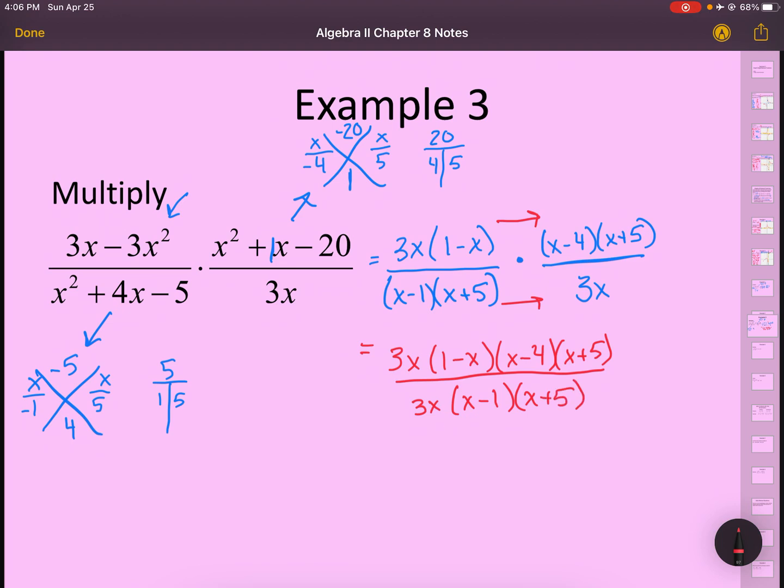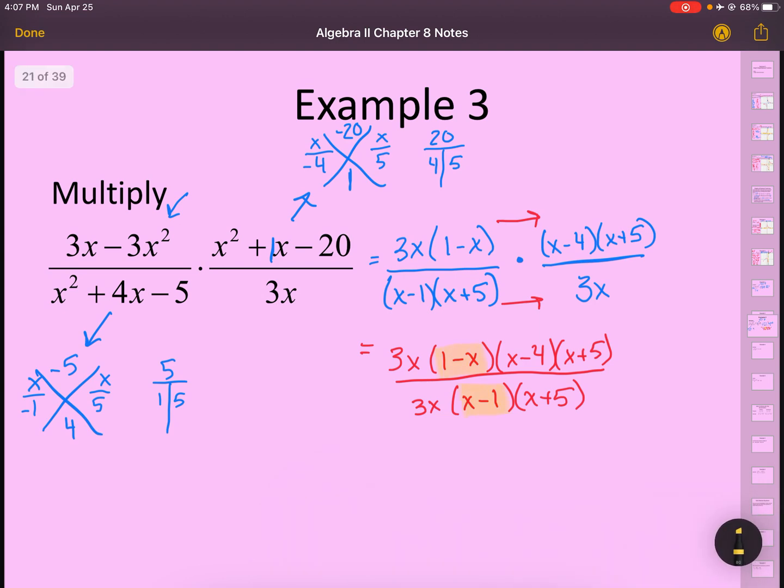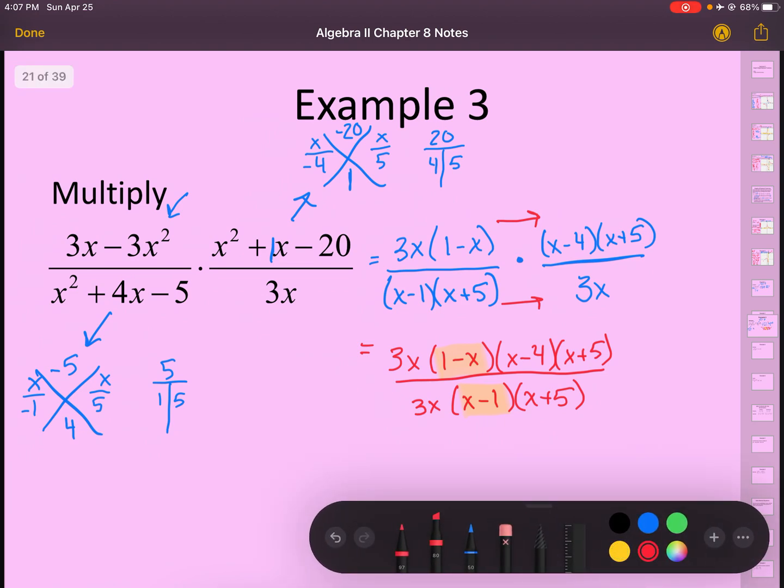Okay, so right now, I could see a lot of stuff canceling, but I see this x minus 1 and 1 minus x going on there. I'm going to rewrite them so that they're the same and I can cancel them out completely because they're not really the same thing right now.